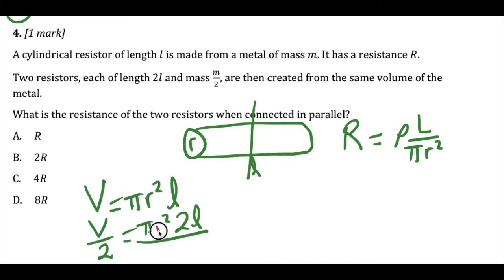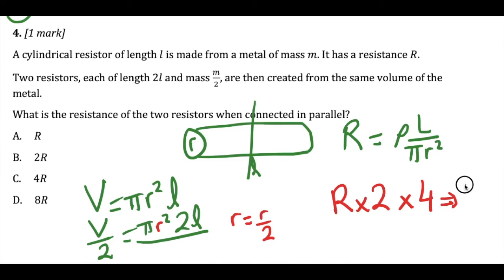This is our new r, half the volume of 2L length. The new r is going to be r over 2 if you do the math. So by multiplying by 2L, you are multiplying R by 2, and by reducing radius to half, you're multiplying it by another factor of 4. So basically, each half will now have a resistance of 8R. Since we're connecting the two pieces of 8R in parallel, their combination will have a resistance of 4R.